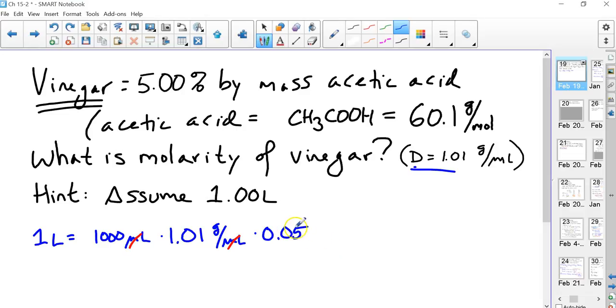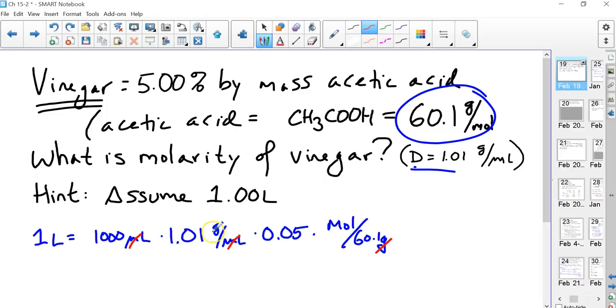So now I've got mass of acetic acid, and we're going to convert to moles of acetic acid. So we have to divide by the molar mass. A mole of acetic acid is given to you here, 60.1 grams. And once again, look at what crosses out.